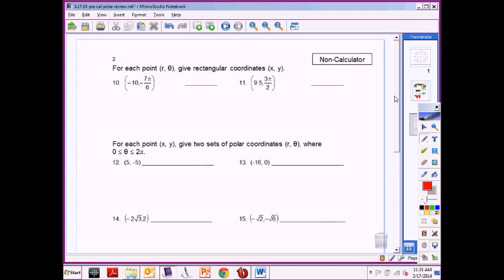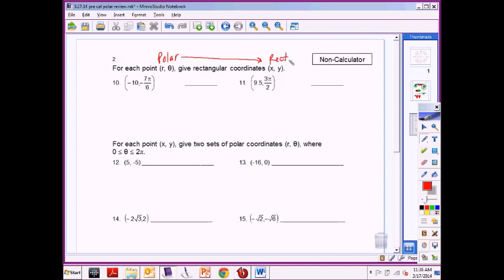All right. So what we're going to do on number 10 is the non-calculator version, and then I'm going to show you the calculator version. Got it? All right. So for the non-calculator version, we have to figure out which formulas we're using. If I'm going from polar to rectangular, so I'm going from these polar coordinates to these rectangular coordinates, what formulas will I use?